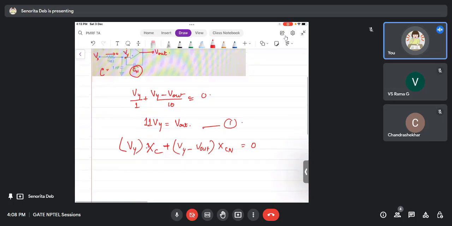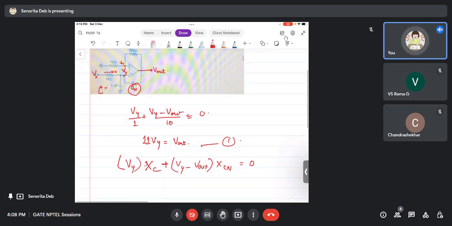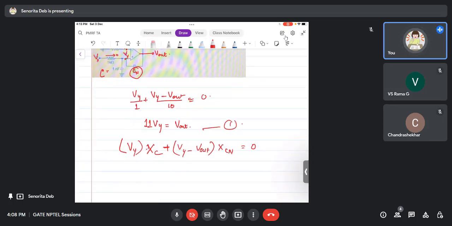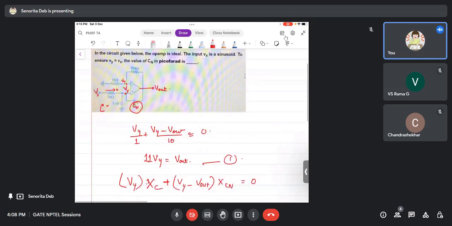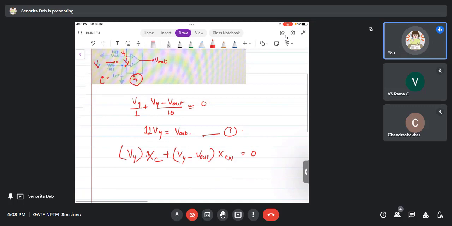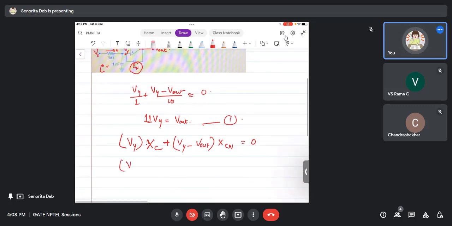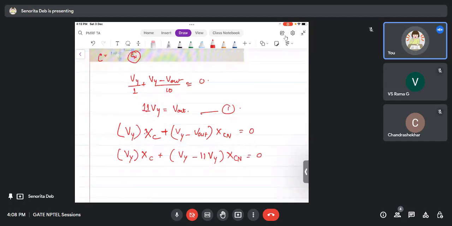Now in terms of Vy you can put Vout, so we change this to Vy Xc plus Vy minus 11 times Vy into Xcn equals 0. So Vy will cancel out.